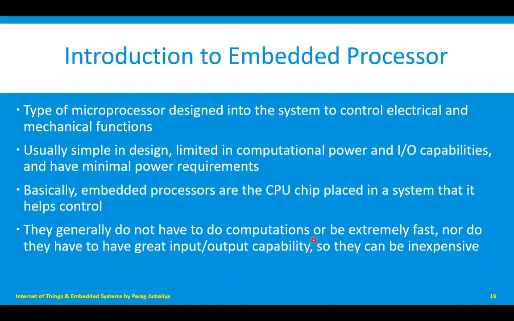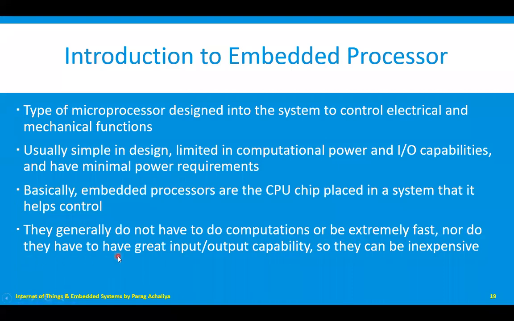This is the ideal thing in case of an embedded processor: they do not have to do heavy computations, or be extremely fast. It will be okay if the embedded processor is not as fast as our systems or our latest mobile phones.